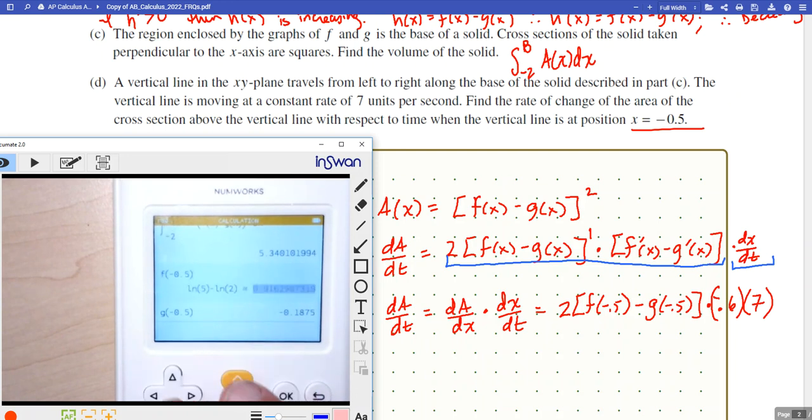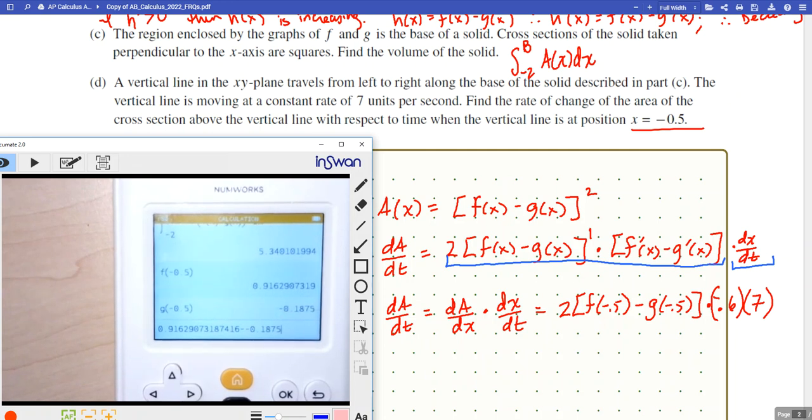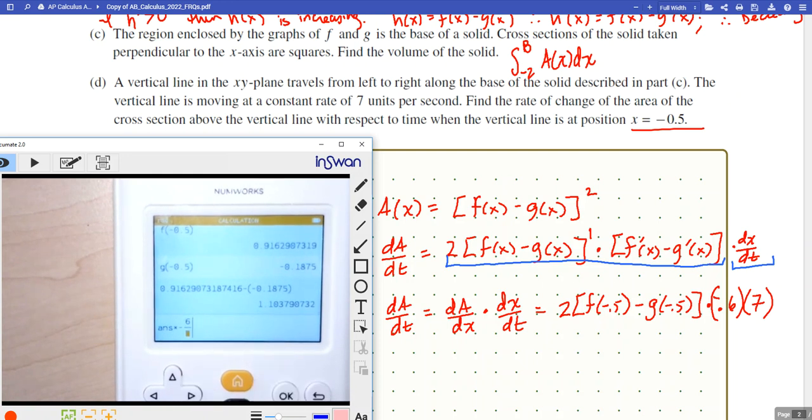I want f minus g, and that gives me 1.10379. I'm going to take that number and multiply it by negative 0.6, and then also multiply by 7.